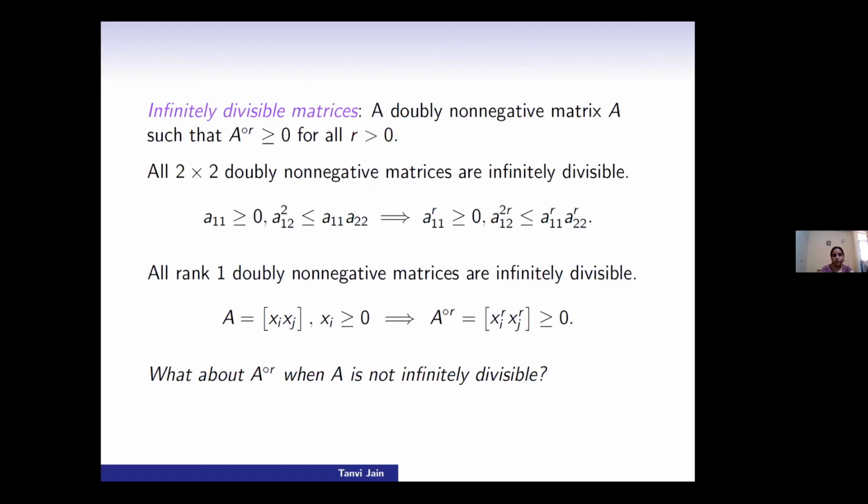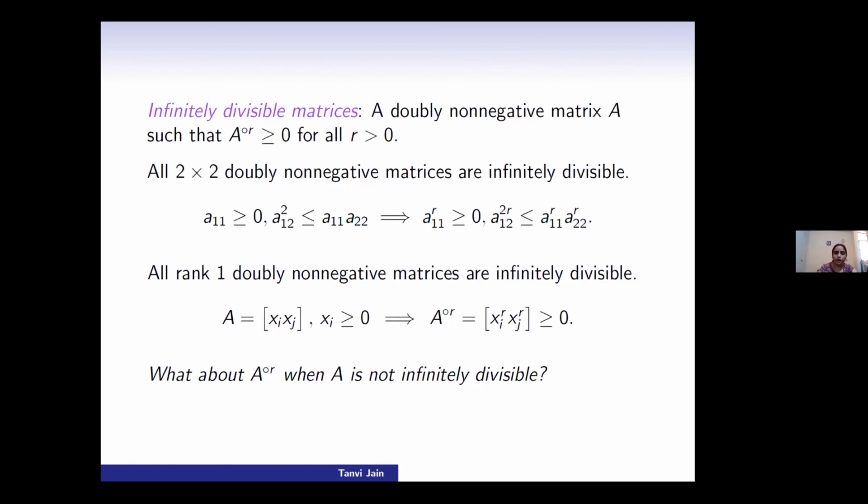So A11 is greater than or equal to 0, and A12 squared is less than or equal to A11 A22. That will give the same for the power R also. Also, if I work with a rank 1 doubly non-negative matrix, it's again infinitely divisible, because I can write it as x_i x_j, and therefore x_i^r x_j^r will again be doubly non-negative.